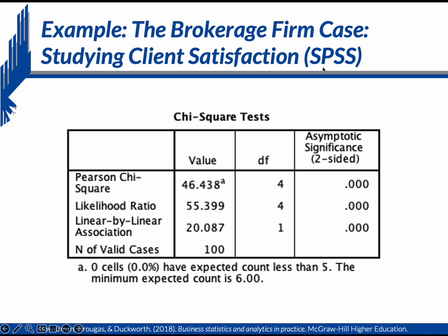The results of SPSS also show us that the sample size is considered large because all the expected frequencies are greater than 5. No cells have expected frequencies that are less than 5, which means that these chi-square test for independence results are valid and can be interpreted because the sample size is considered large enough.